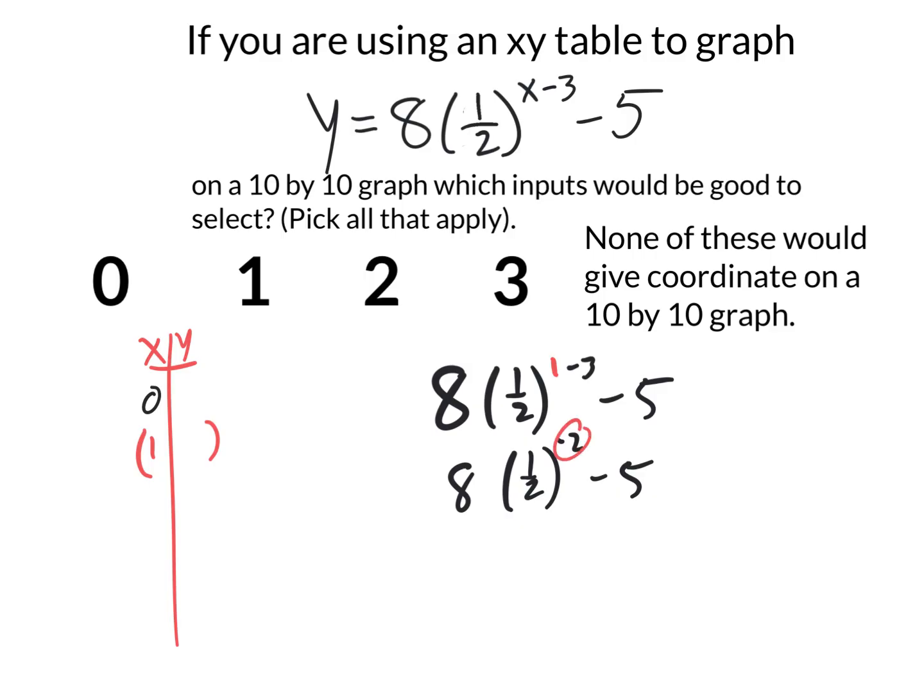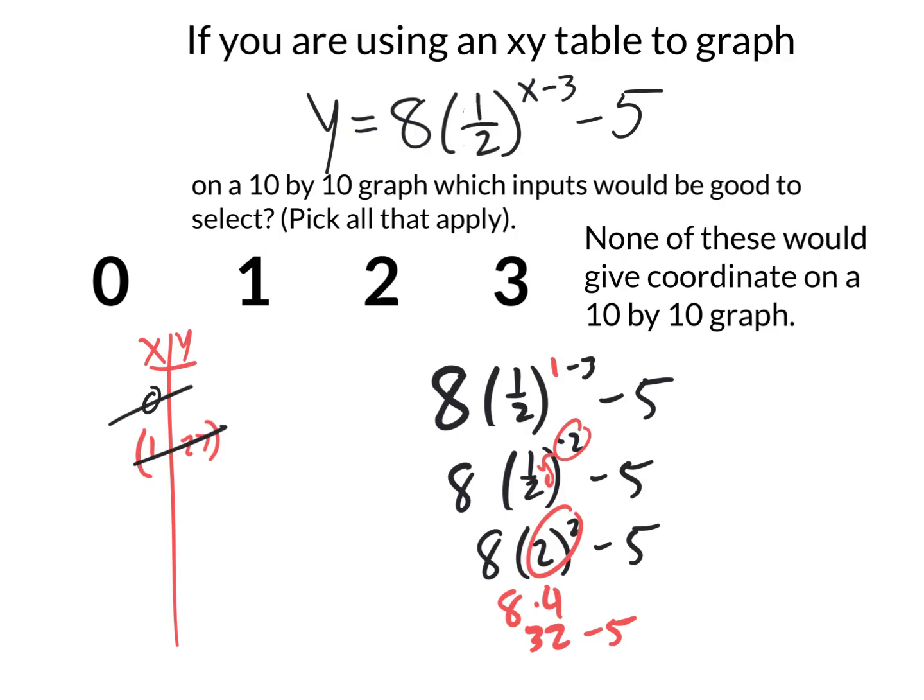And this negative 2 causes this to flip. So you really have 8 times 2 to the positive 2, and then minus 5. And right here, 2 squared is 4. 8 times 4 is 32. 32 minus 5 is off the graph, right? So you're talking about like 27 that's off the graph. So you're not going to pick that one either, okay?